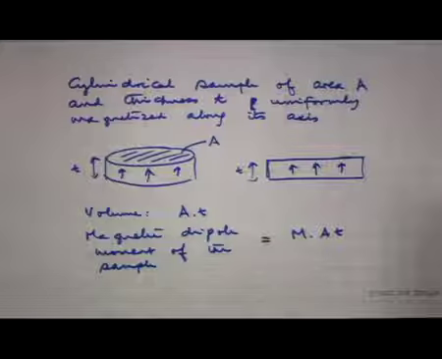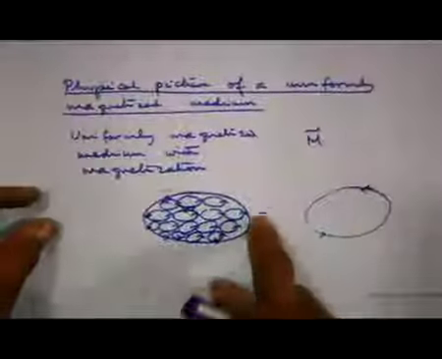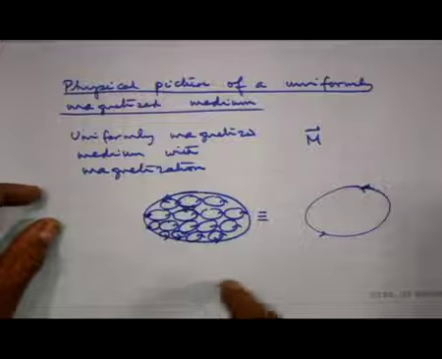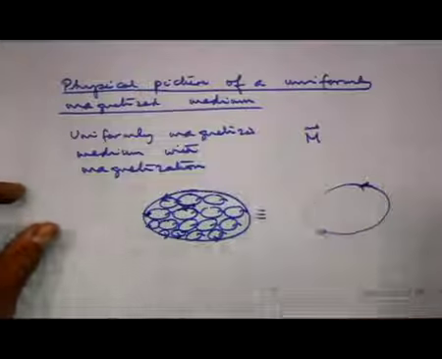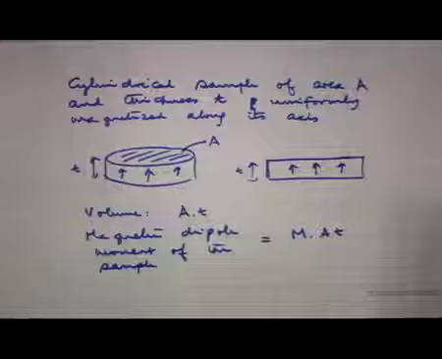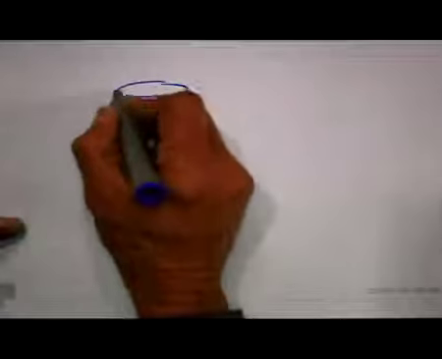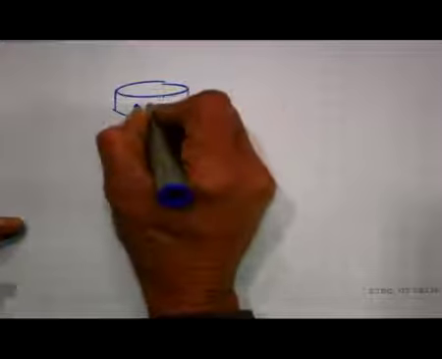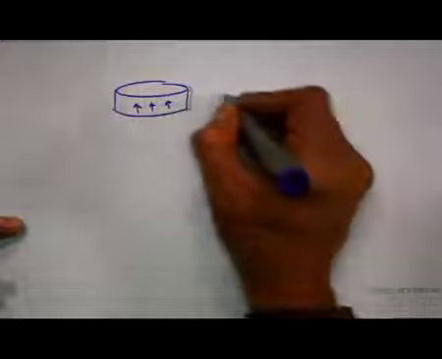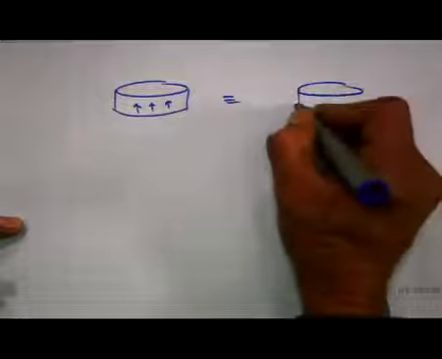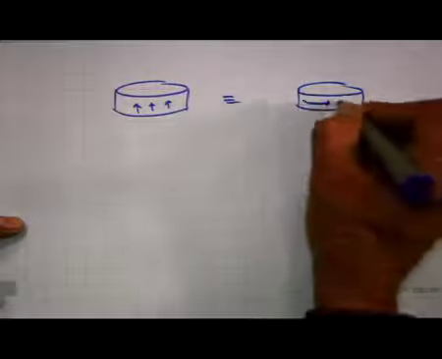Now, I have just now shown you that a uniformly magnetized sample is equivalent to a current passing on the surface. So, if I have a uniformly magnetized sample like this, this must be equivalent to current going like this.